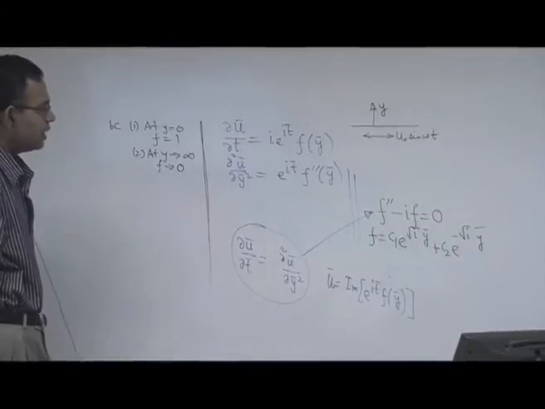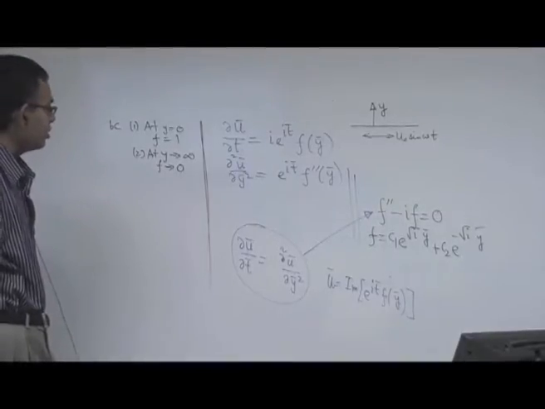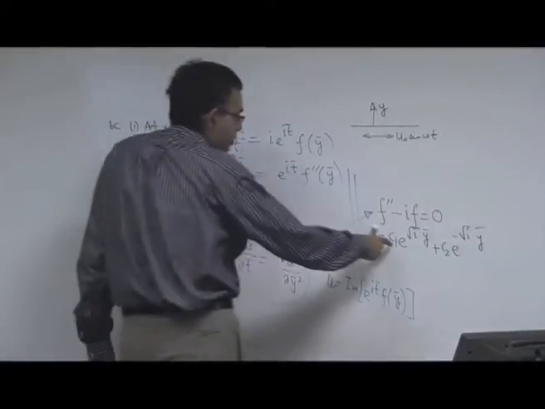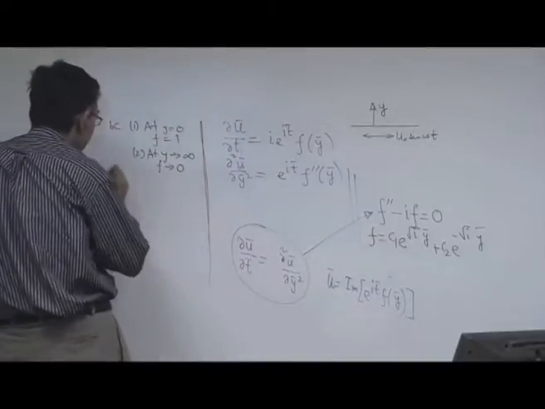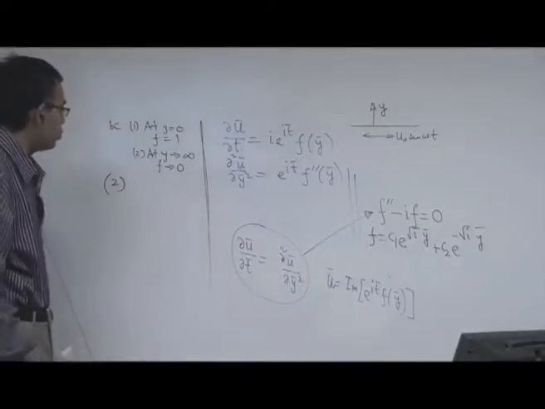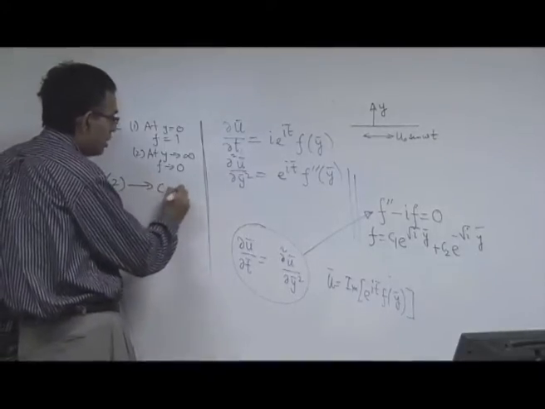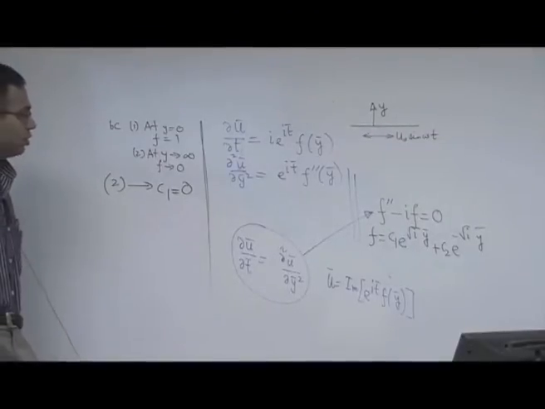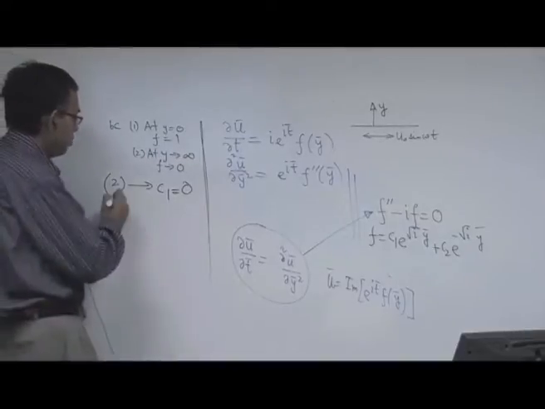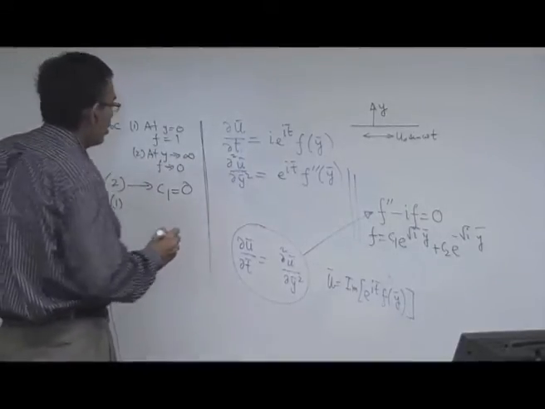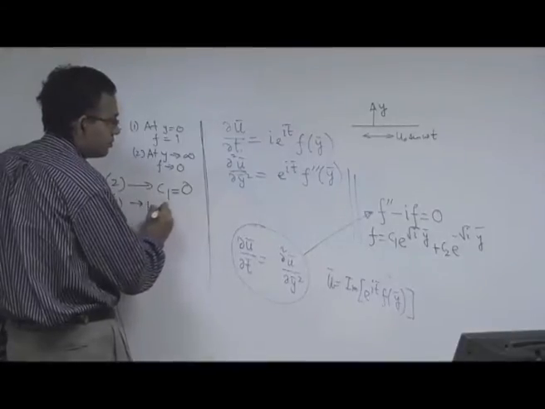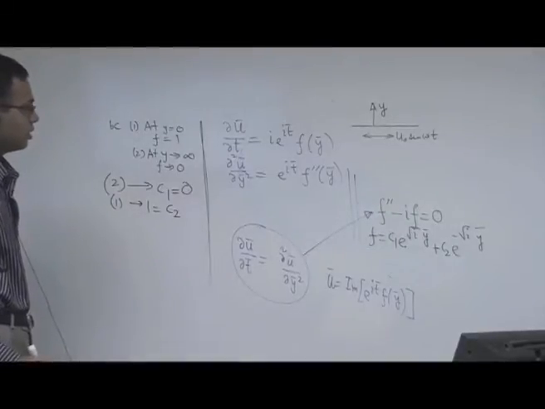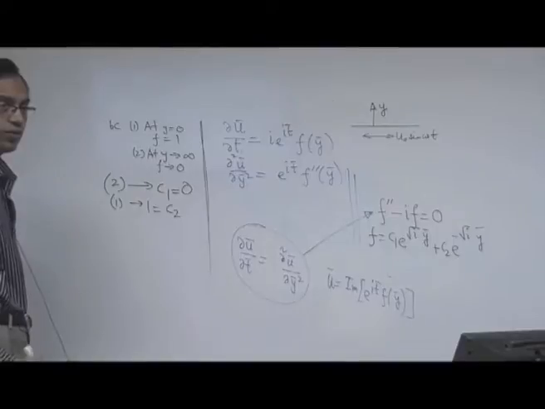So, if you consider that at y tends to infinity f tends to 0, then what will be the value of C1? So, boundary condition 2 will tell that C1 is equal to 0, because the solution has to be bounded. And boundary condition number 1, at y is equal to 0, f is equal to 1, so C2 is equal to 1.